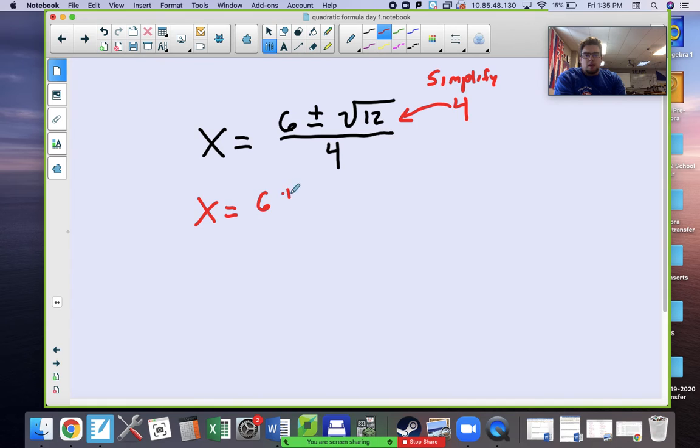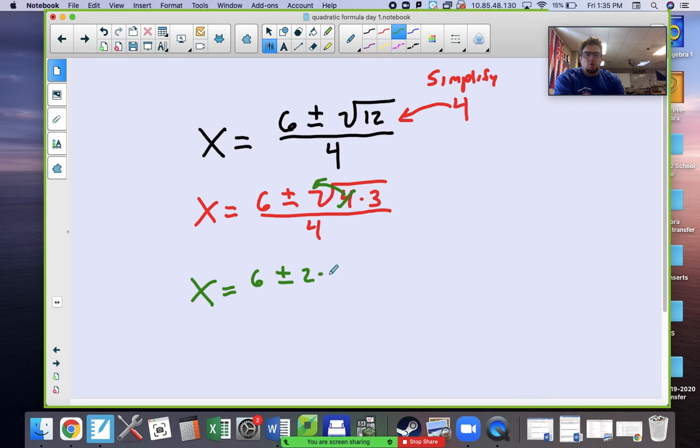Well, we take our square root, we break it into our two factors, 4 times 3. We are able to square root this 4. It's able to escape the square root right here, and we have 6 plus or minus 2 root 3 all over 4. We're like, yes, we simplified that square root.